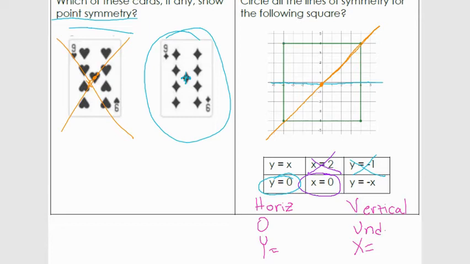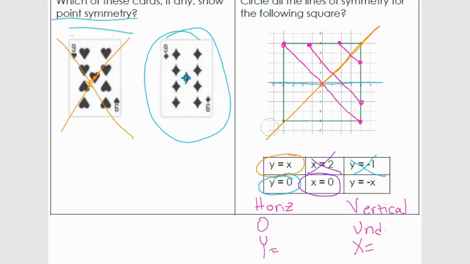And once I have it graphed, I'm like, oh yeah, if I fold across that, it will be symmetric about it. If you weren't sure, you could draw a line from any point to that line, continue that same distance on that same line, and you would hit another point. That would be true for any point that I picked, because it is symmetric about that line.